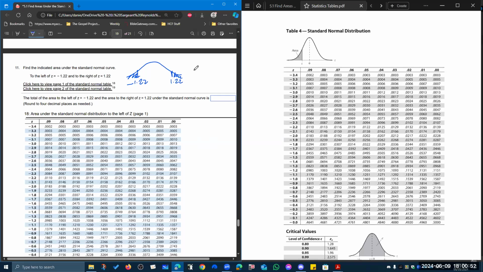There's just as much in the tail over here. So negative 1.22 is 0.1112. I'm going to double that for the tail on the right. And this is going to be 0.2224.